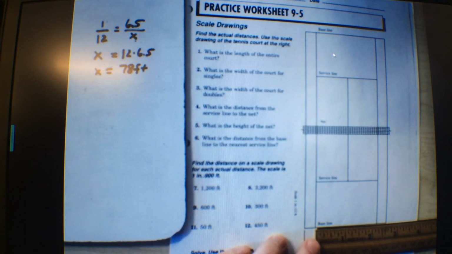I think it's 2 and 1/4. No, here's 2.5 right here. Yeah. Here's 2.5, so it's bigger than a half. I'm gonna put, let's put 2 3/4, 2.75.